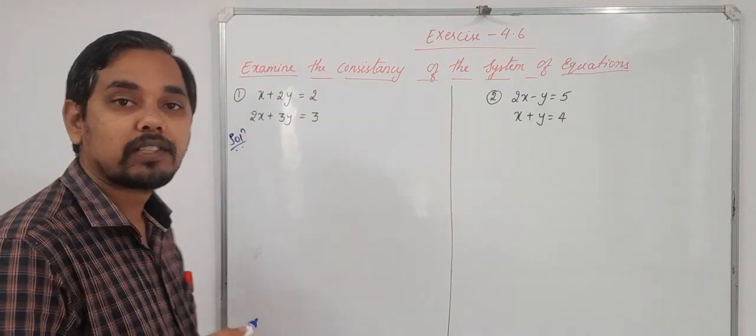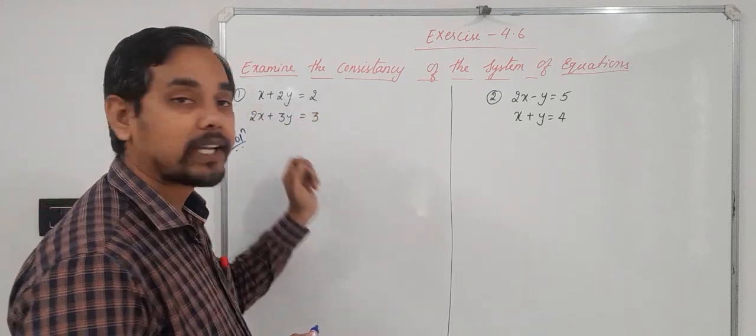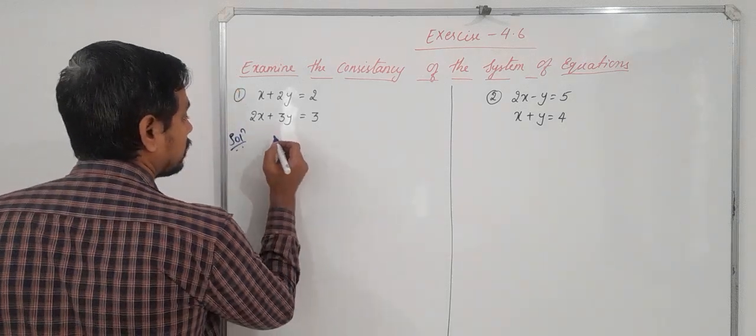Okay, so here the given system of equations are x plus 2y is equal to 2, 2x plus 3y is equal to 3, right?